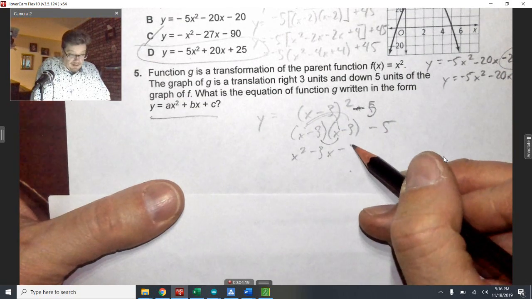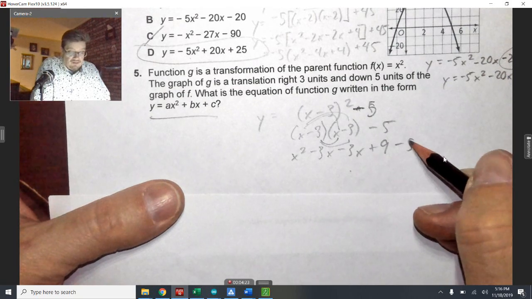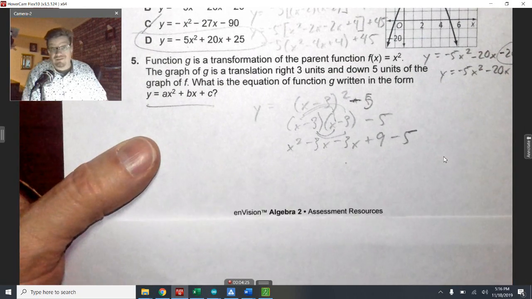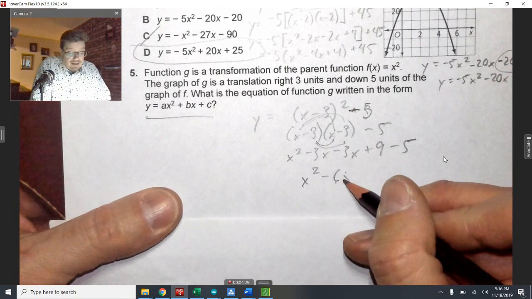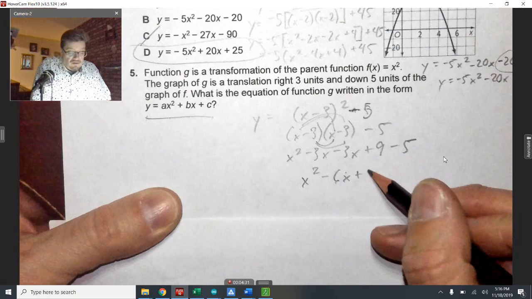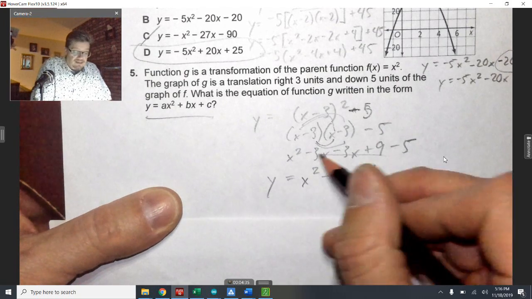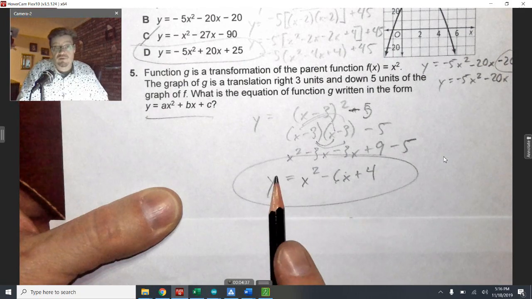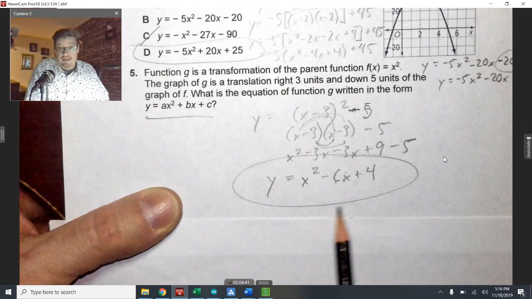This will also be negative 3x. That will be plus 9. And then we still have a minus 5. Now I've got two sets of like terms that I need to do. X squared minus 6x. And then this would be plus 4. Alright? So this is my standard form. Now make sure that you do put your y equals. He is part of the standard form. Okay? That's our final answer.